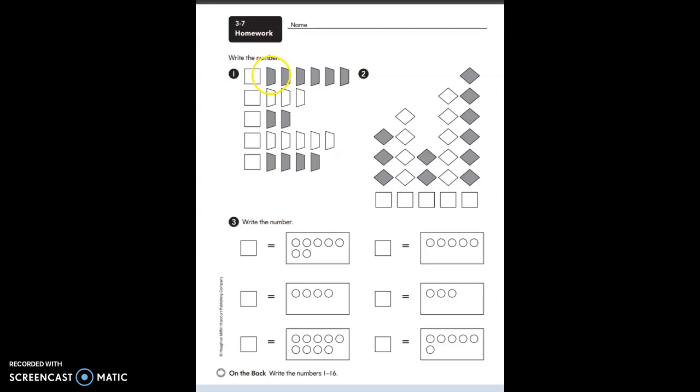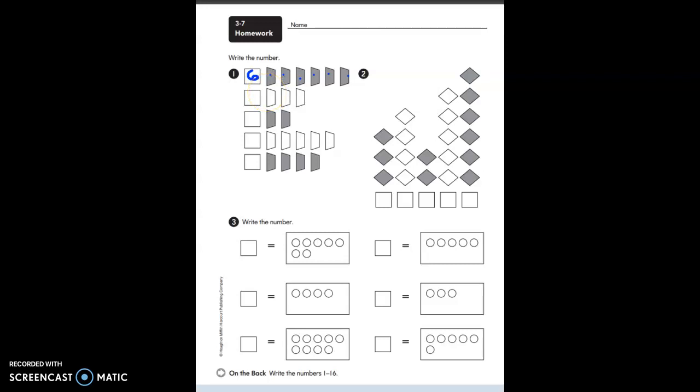So for this first one, we see 1, 2, 3, 4, 5, 6. 6 in this one. We're going to write that number. Then continue on to the next group of shapes, and as I see, these are just trapezoids on their sides, right?